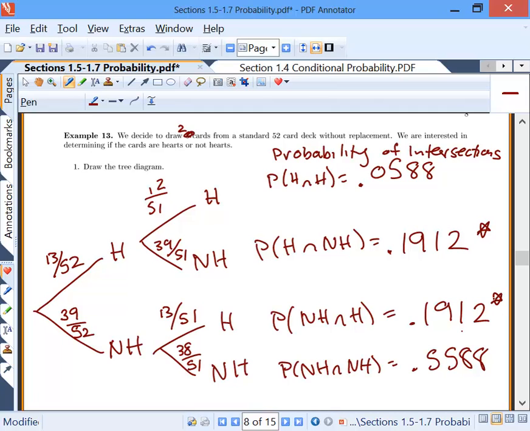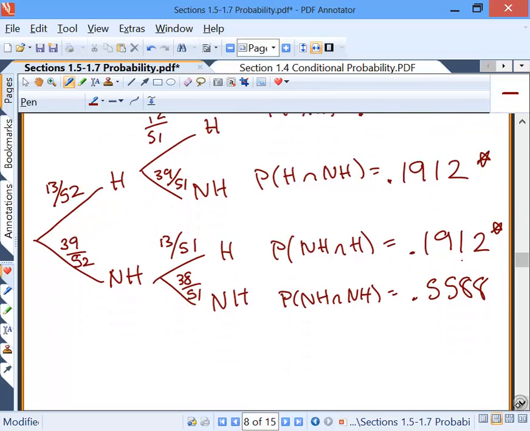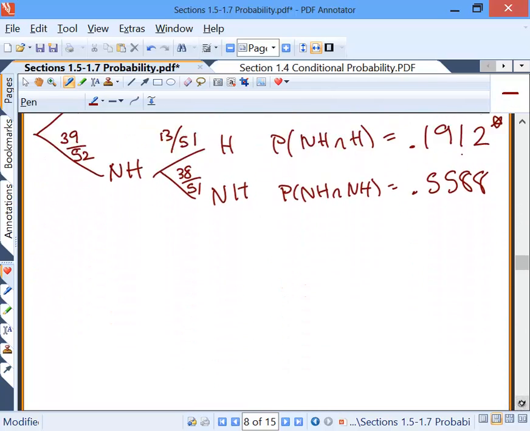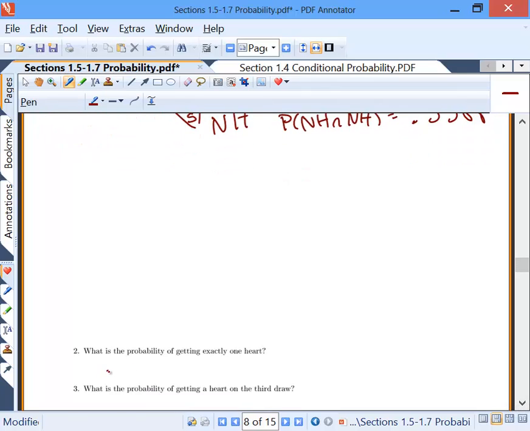Yes? What about the last one? No. So we just add up the probabilities that did have exactly one heart. So we have 0.1912 plus 0.1912. So 0.3824.